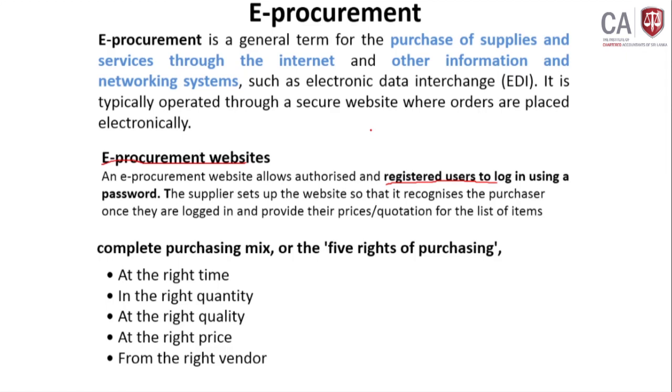Normally, when many bid documents come in, there is a technical committee which evaluates the bid documents and selects the best supplier to supply the required goods. That part also can be done online.